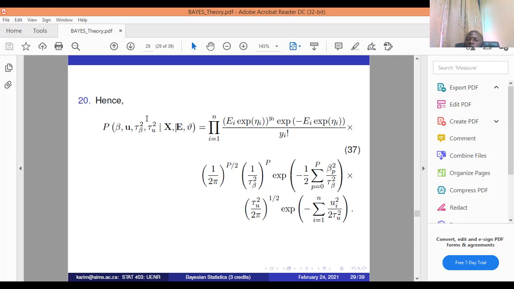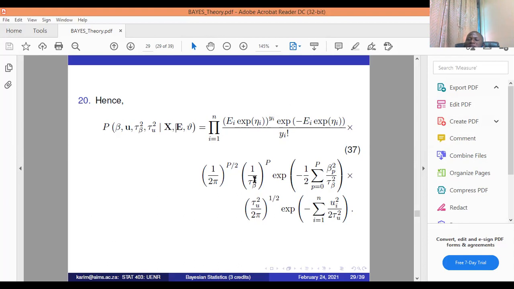So we multiply this, and this is what we have. This is what we have to simulate. I have to supply my expected number of disease cases in region i. Then I need to formulate my linear combination of the parameters, and I have to supply the data.